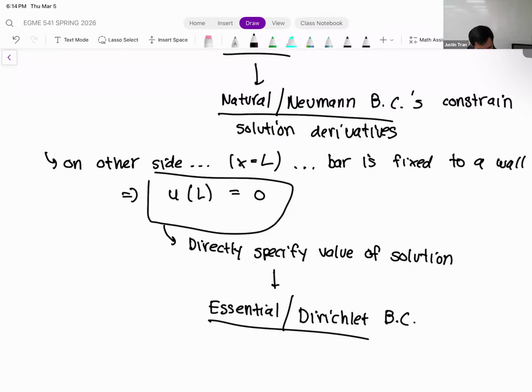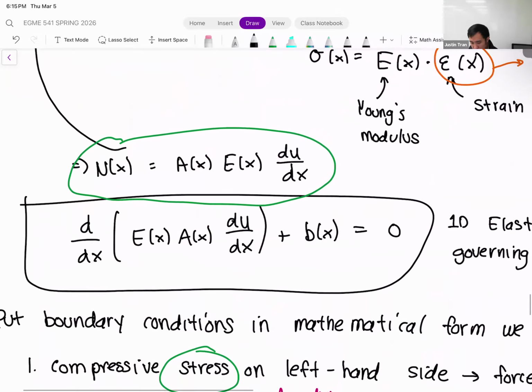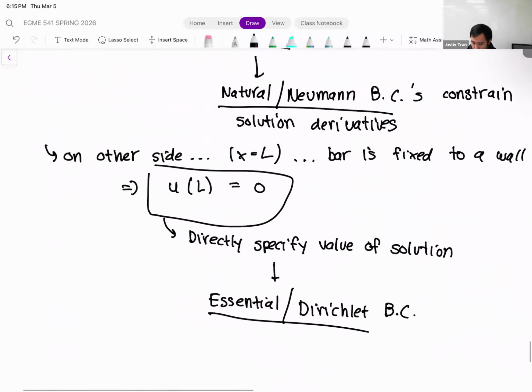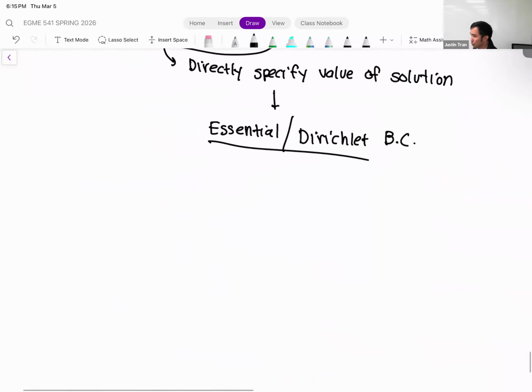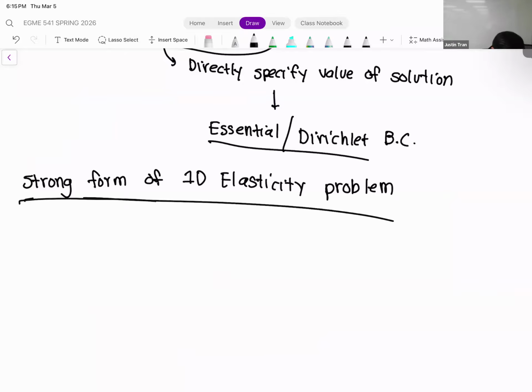All right, good. Now that we have our boundary conditions in mathematical form, we have our governing differential equation for our deformation, and we have our domain. We are now ready to state the strong form of this boundary value problem. The strong form is given by the following.